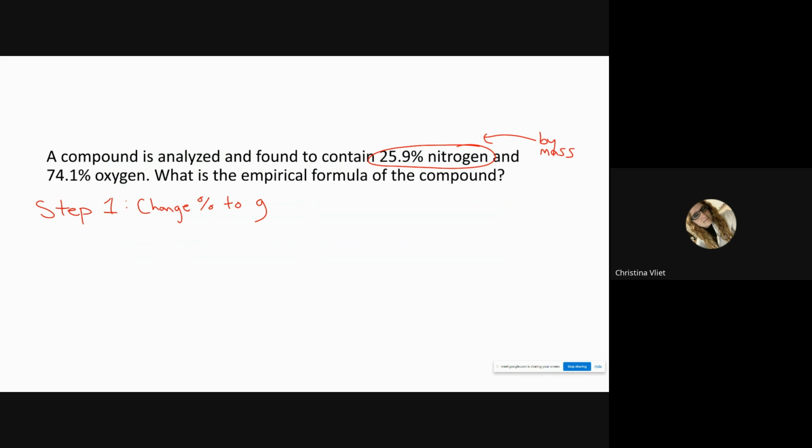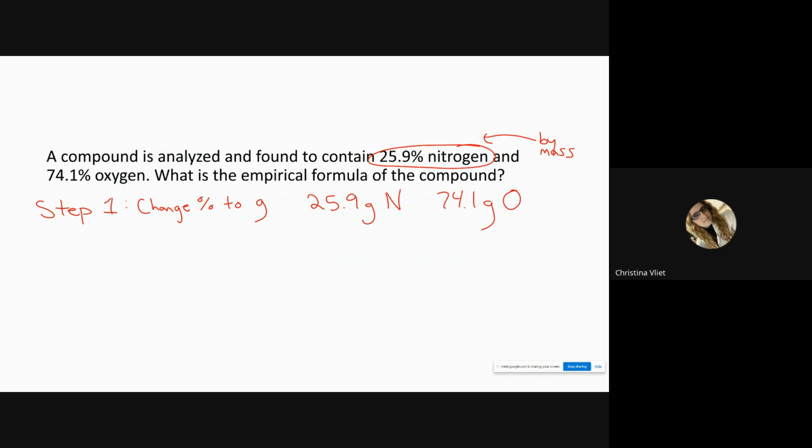You say I have 25.9 grams of nitrogen and 74.1 grams of oxygen, and together that would add up to 100 grams of the compound. So for every 100 grams of the compound I have, I know 25.9 of those grams are going to be nitrogen, and 74.1 of those grams are going to be oxygen. Because these are mass percentages, that's why you could just directly relate it. That's step one.